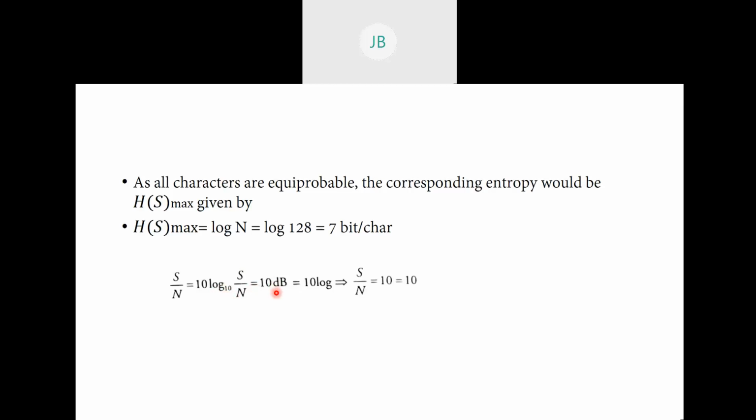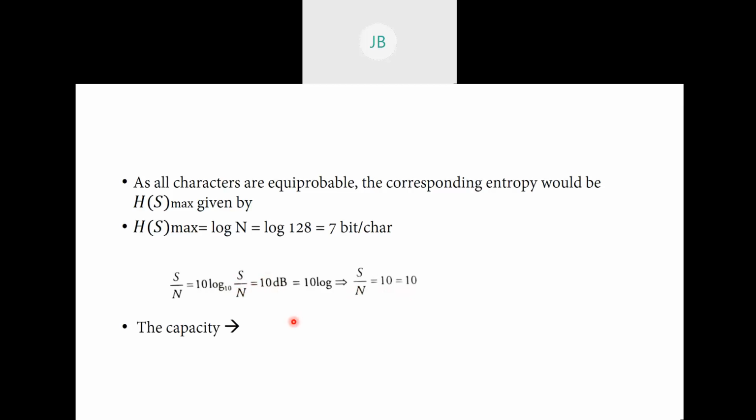So 10 log of some value gives us 10 dB. What is that? The signal to noise ratio is 10, right? That means log of 10 to the base 10 is 1, and 1 multiplied by 10 gives us 10. So signal to noise ratio on a normal scale is 10. Basically we are converting from dB to normal.